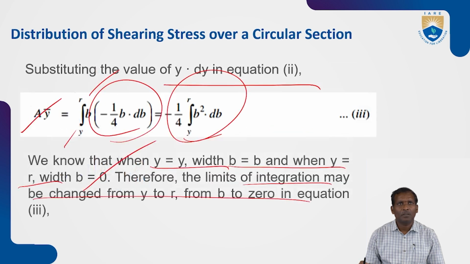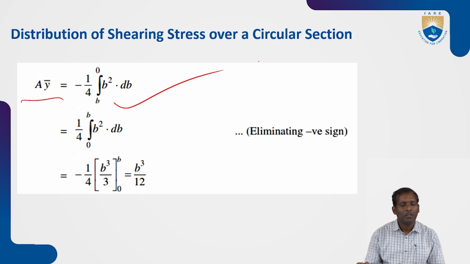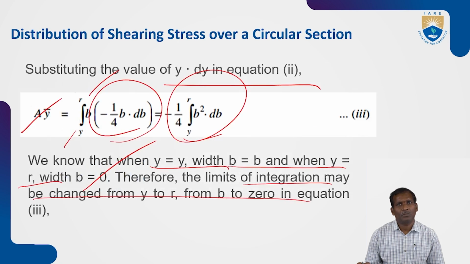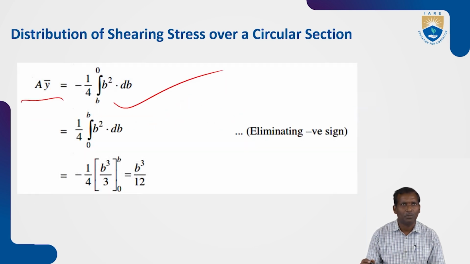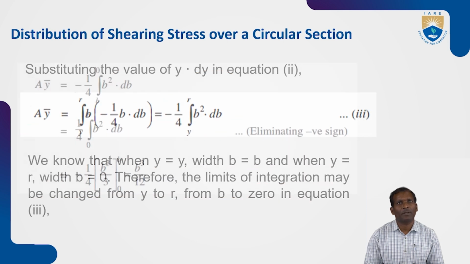So now write down one more equation. A y bar is equal to minus 1 by 4, integral from b to 0, where the limits of integration are changed from y to r into b to 0, of b square into db.